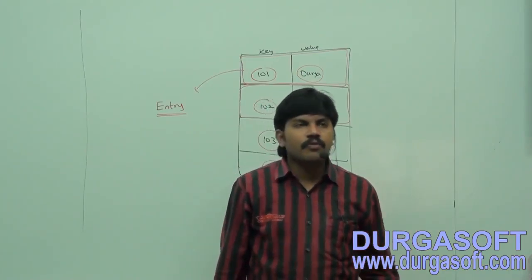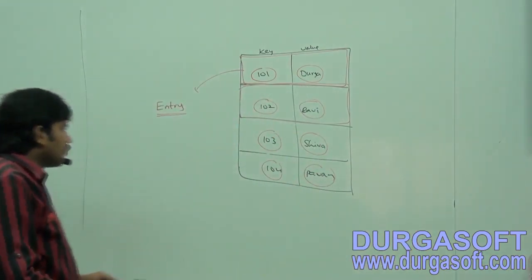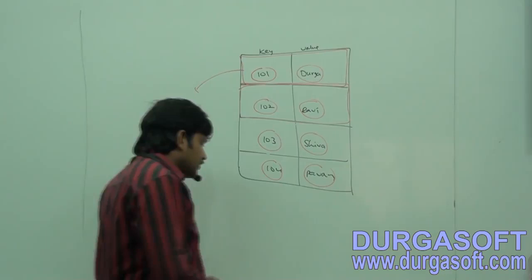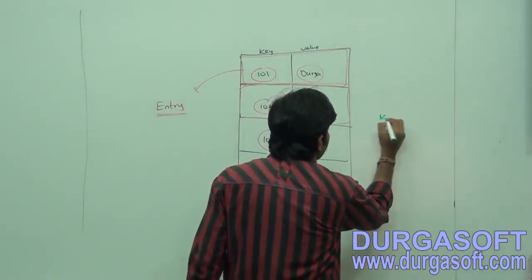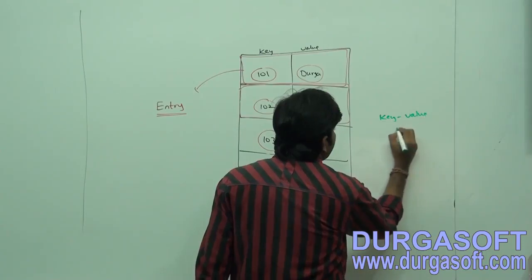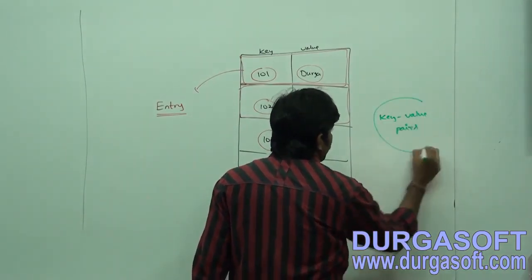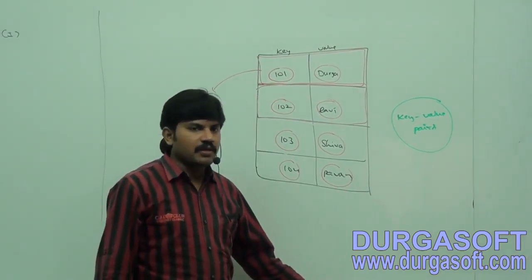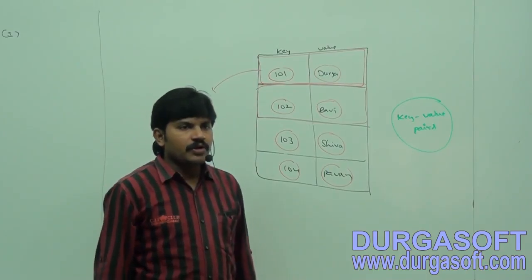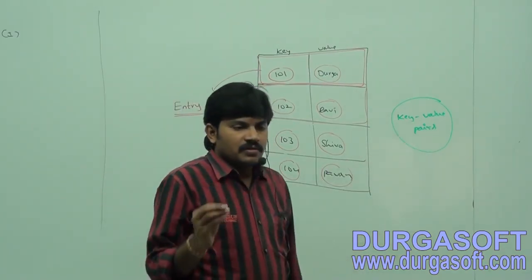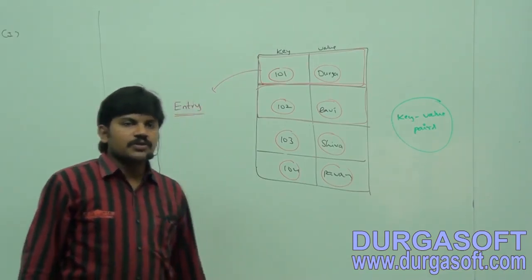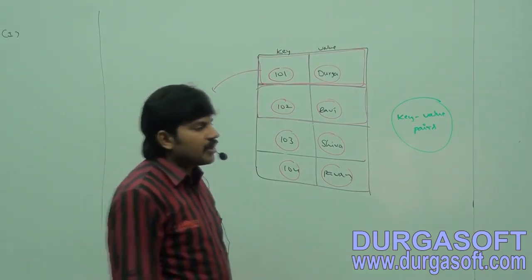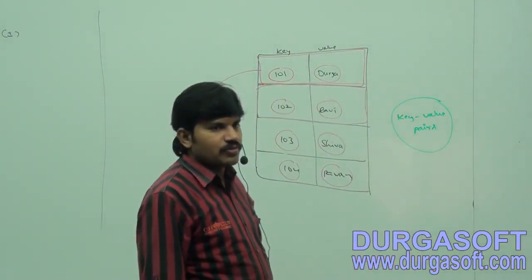Next, second, if we want to represent a group of objects as key value pairs, then we should go for map.